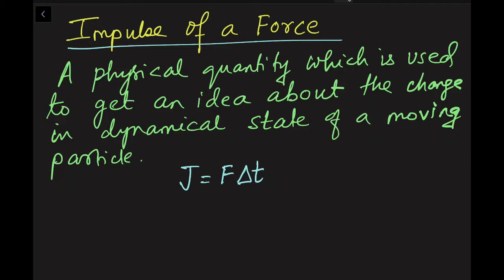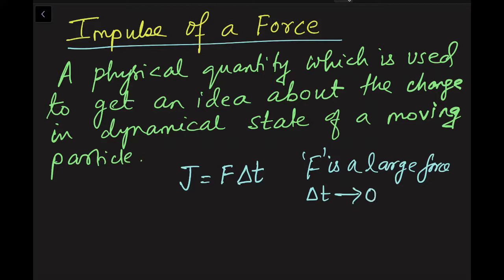Delta t is the interval of time in which this force is applied. Here F is a large force and the interval of time is very small. It tends to 0. So J is equal to F times delta t, where J is your impulse.